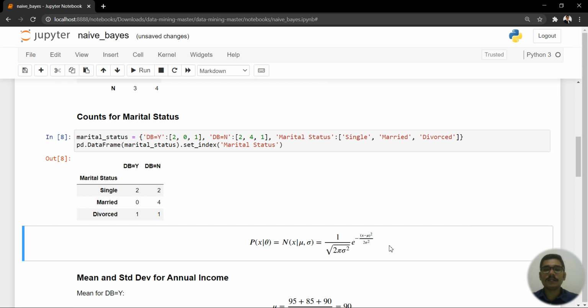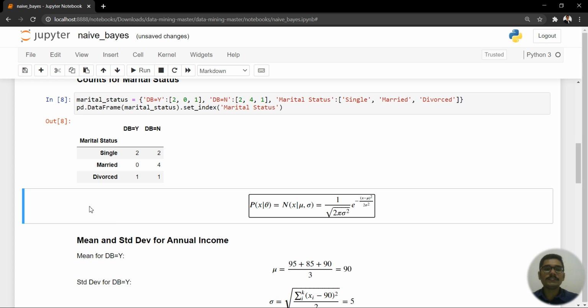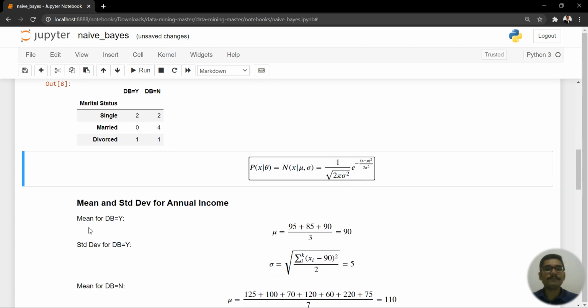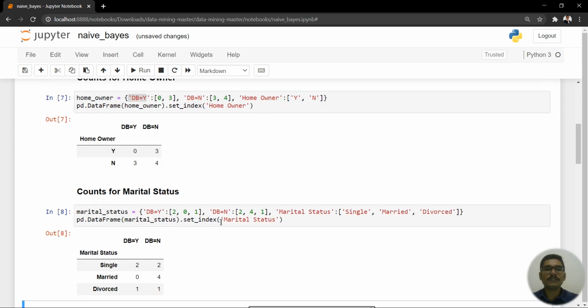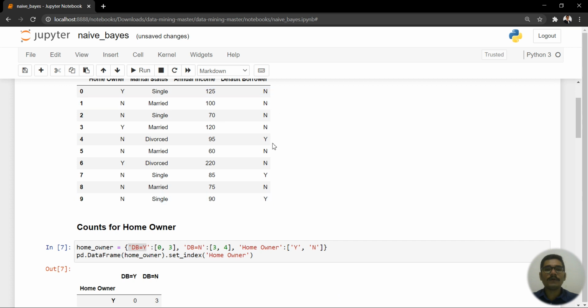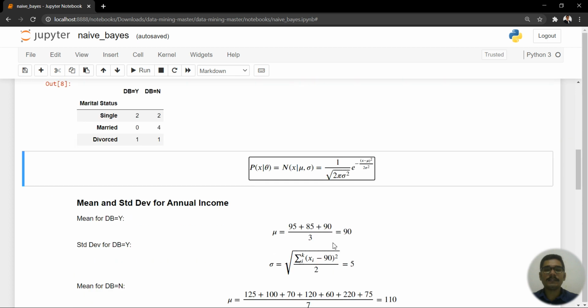So this is the formula that we'll be using. First we need the mean and standard deviation for annual income. The mean for the defaulted borrower yes class, mu, is given by the values 95, 85 and 90 divided by 3, so we get 90 as the mean.